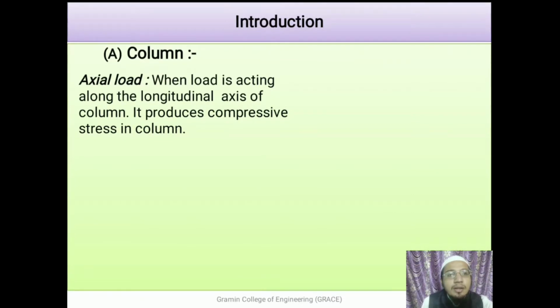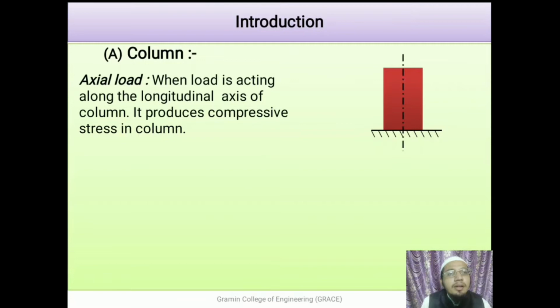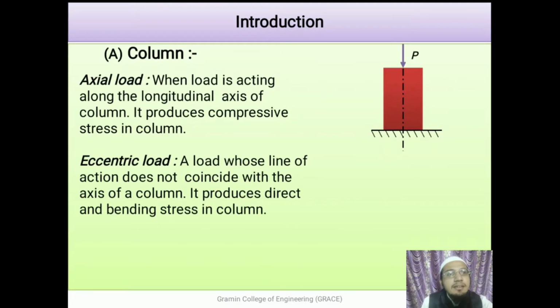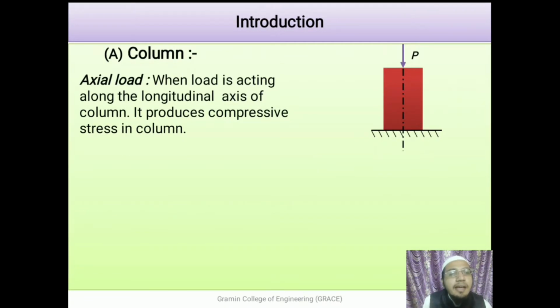Let us see in the figure. It is a column with a fixed base, and this is the axis or longitudinal axis of the column. If the load is acting along this axis, then it is termed an axial load, and such a load will produce compressive stresses in the column.